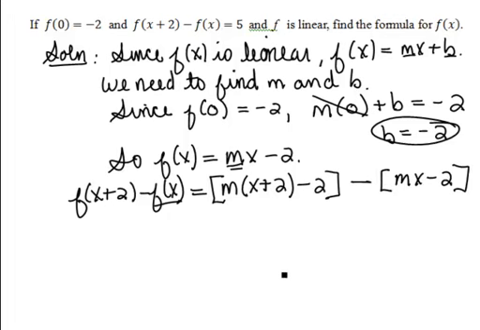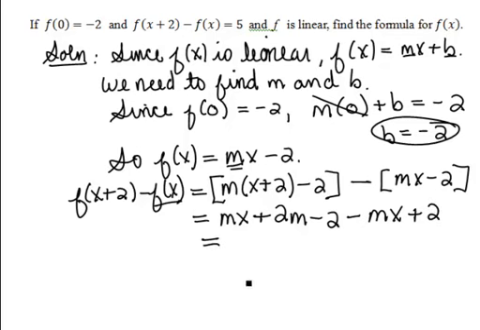Okay, we ought to be able to simplify this down. Let's clear our parentheses. So inside here, that gives us mx plus 2m minus 2, distributing the minus sign, minus mx plus 2. All right, we get some canceling here. Positive mx minus an mx is going to cancel, a negative 2 and a positive 2. So we're simply left with 2m.